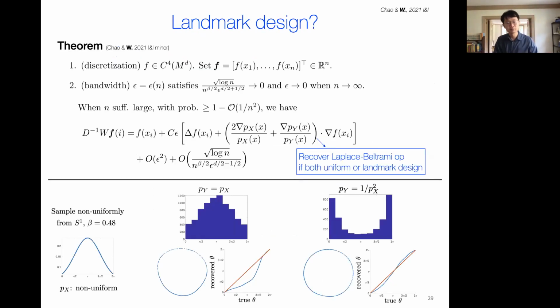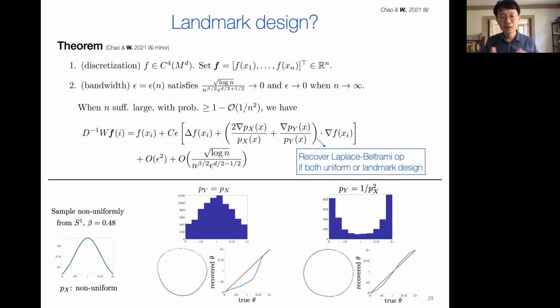Okay, so maybe I will skip this slide or very quickly go over it. It tells you that how to choose landmark is critical, and usually we just choose landmark uniformly from a data set. But if you can design it, it will be great if you design the landmark according to your purpose.